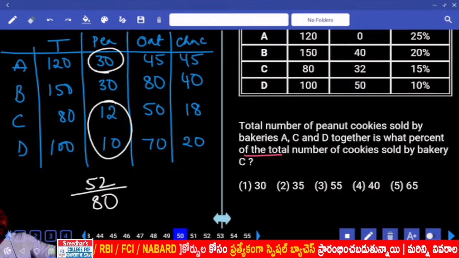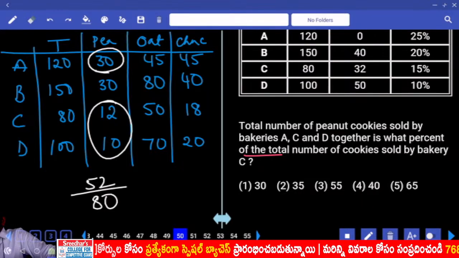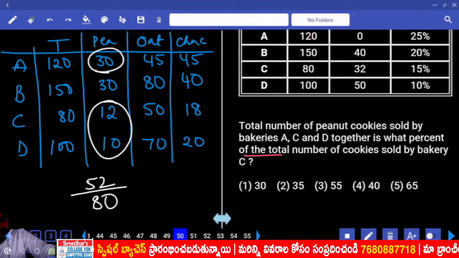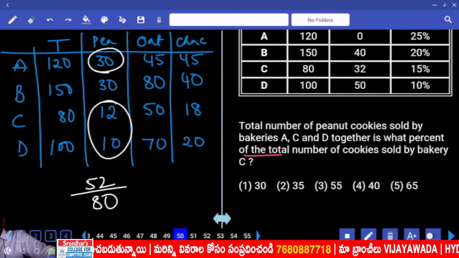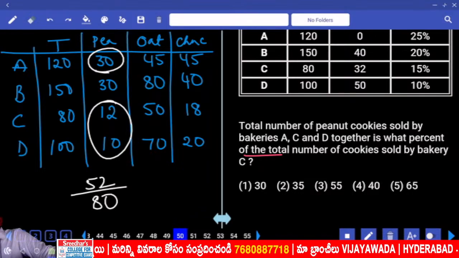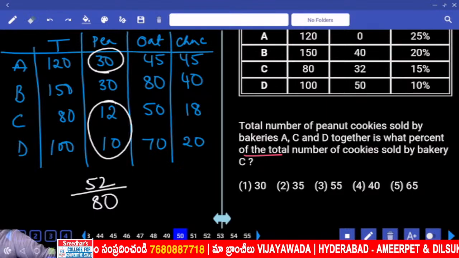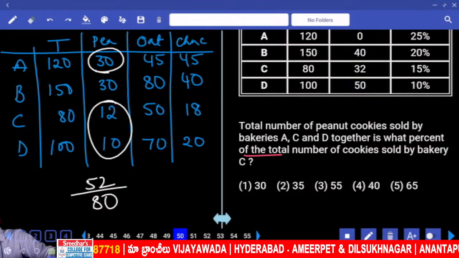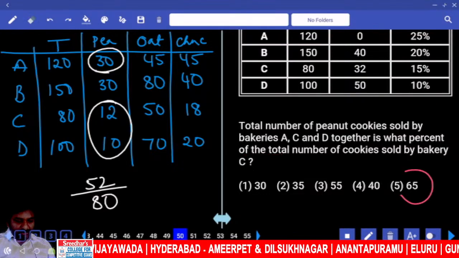What is 10% of the denominator? It is 8. What is 6 times 8? 48, that is 60%. Our numerator is more than that. What is 7 times 8? There is only one option which is more than 60. So it is more than 60%, correct?